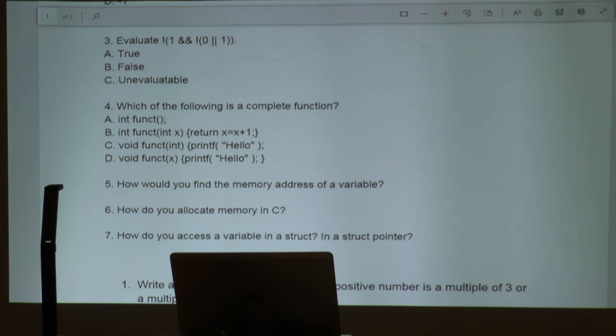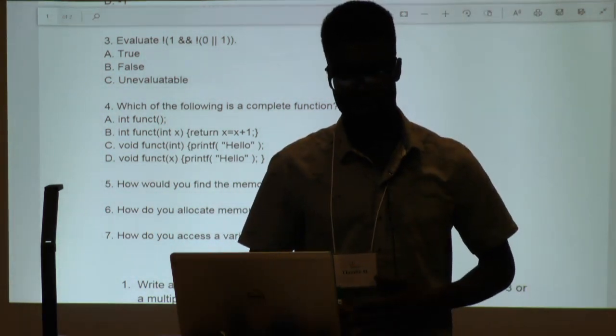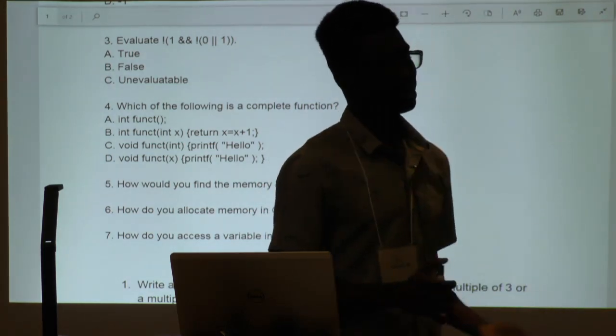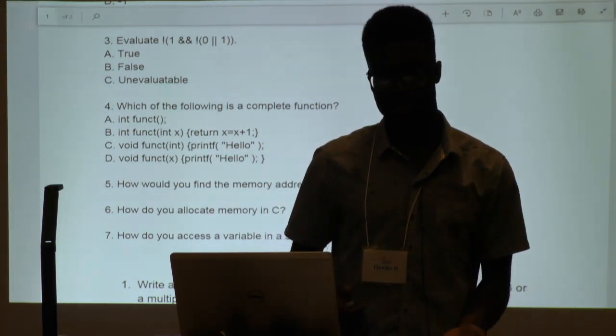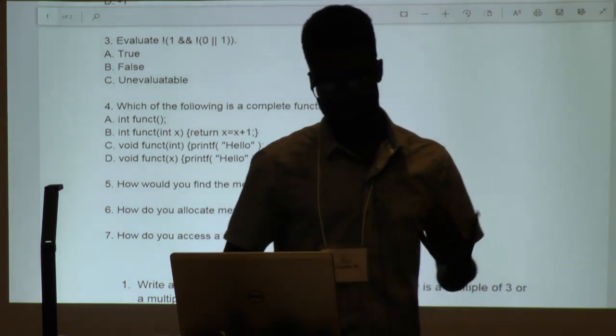But if we used calloc to do the exact same thing, calloc would actually set that memory location to all zeros. Why is that useful? It's useful so that you know the memory that you have available to you has a set value. It's not random and you know what's there. So it's a good starting point to use calloc because you know everything is going to be zeroed out.